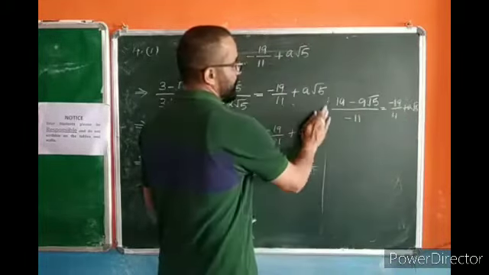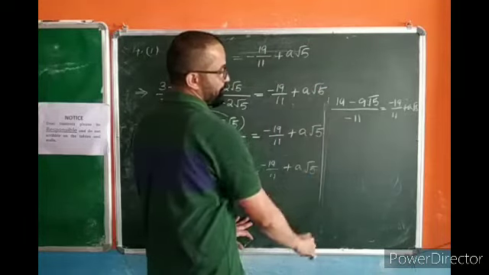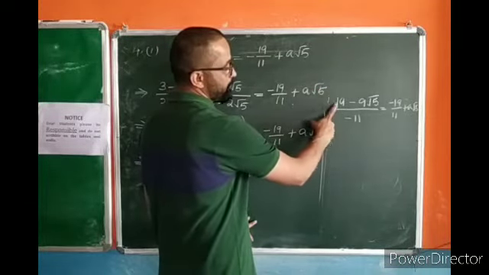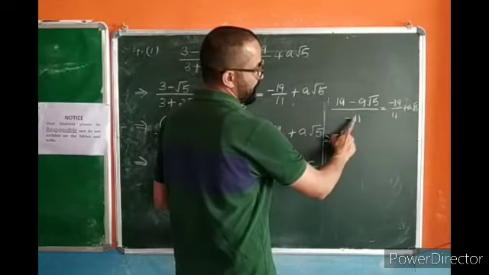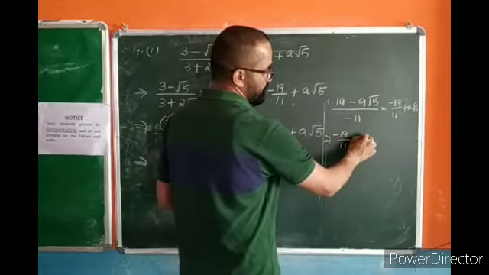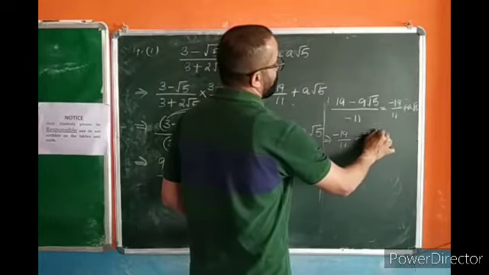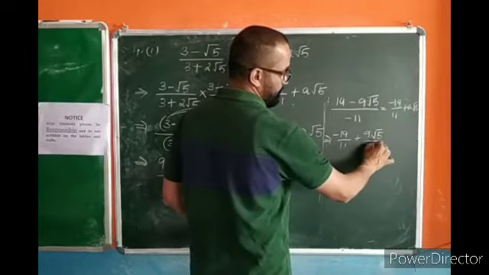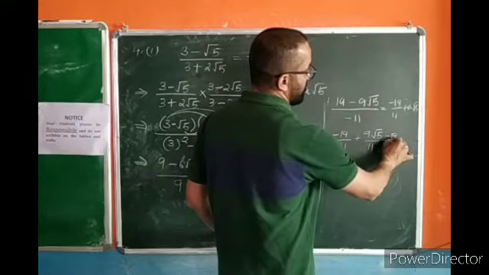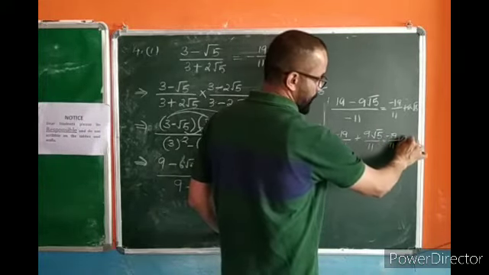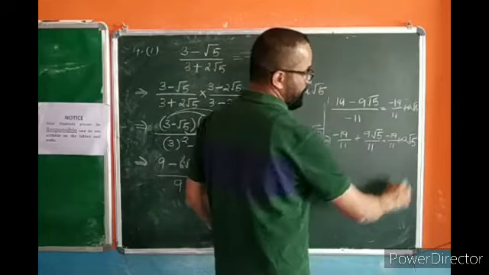So we divide individually now. 19 divided by minus 11, minus 19 divided by 11, minus divided by minus is plus, you get 9 root 5 divided by 11 equal to minus 19 divided by 11 plus A root 5.